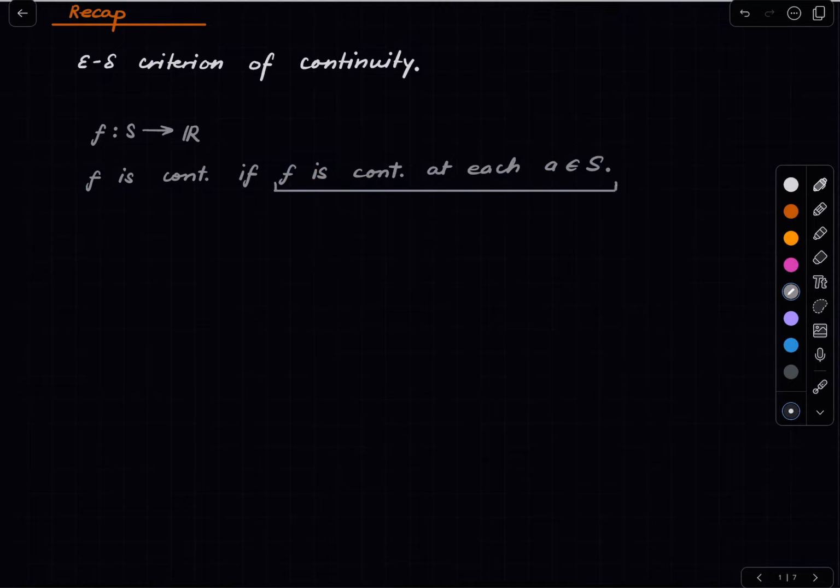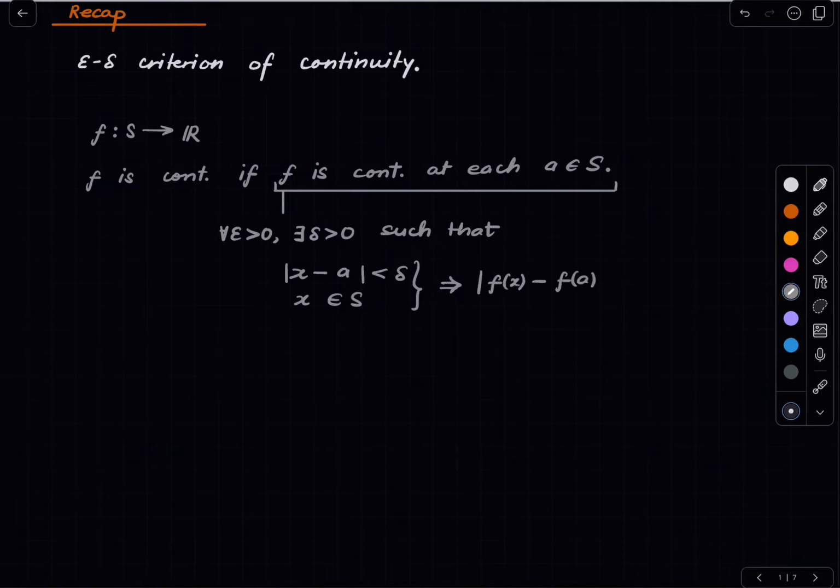It says that for all epsilon greater than 0, there exists delta greater than 0 such that if we choose x with this property and in the domain, this is A in my notation, we have the following, right?